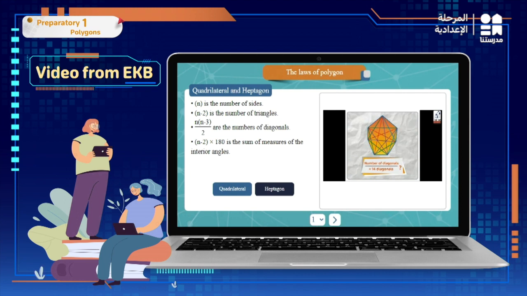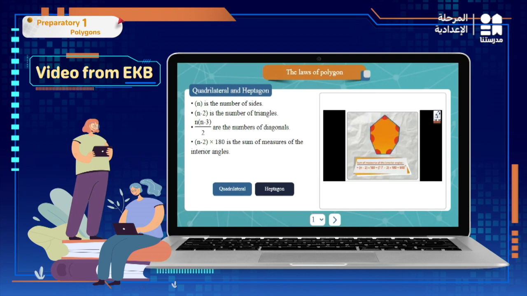Then, if we want to get the number of diagonals in that heptagon, we will have 14 diagonals. How did we get this result? As you may have thought, there is a law to get the number of diagonals, and this law states that the number of sides multiplied by the number of sides minus 3, over 2, gives the number of diagonals.